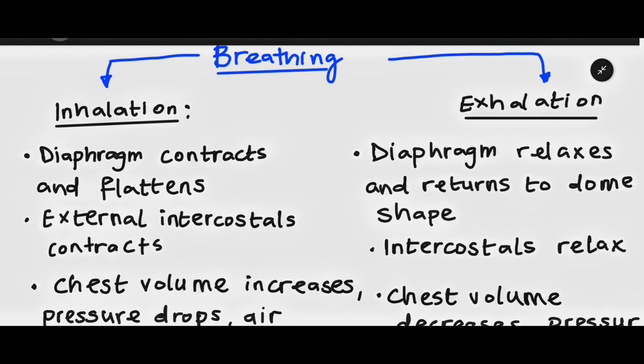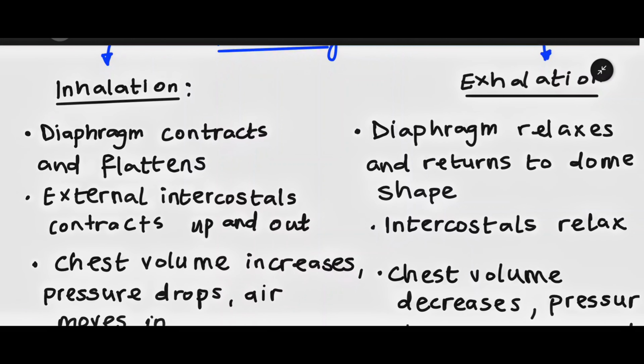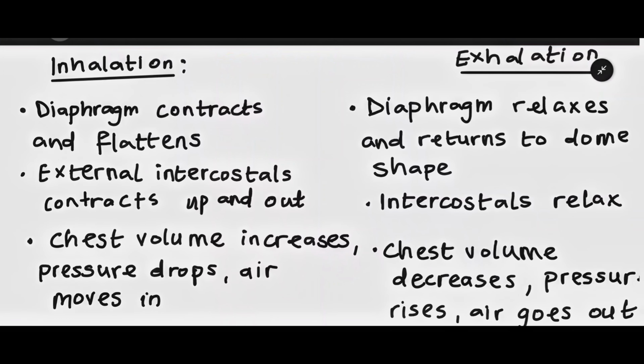So during inhalation, your external intercostal muscles contract, and that causes the ribs to lift up and out. Ultimately, this causes your chest volume to increase, so the pressure in your chest drops, and this causes air to move in. So that's what happens during inhalation, during breathing in.